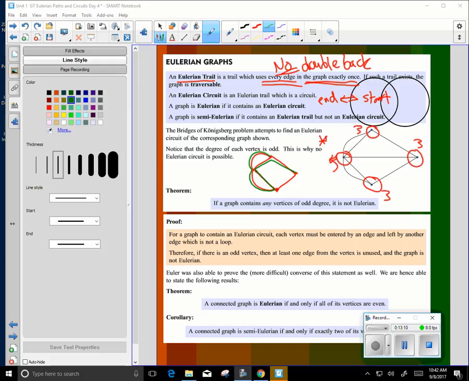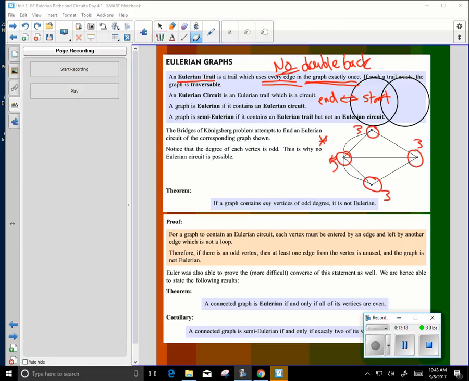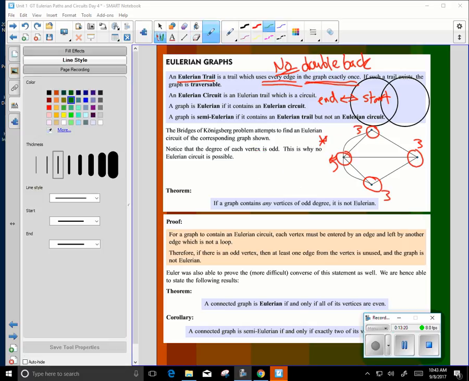So if you have 2 odds, are you going to be able to end up at the same spot you started? No. But that one is an Eulerian trail. But as soon as you put in an odd degree somewhere, you're not going to end up where you started. That's the problem with it. All right, so that's going to be helpful.